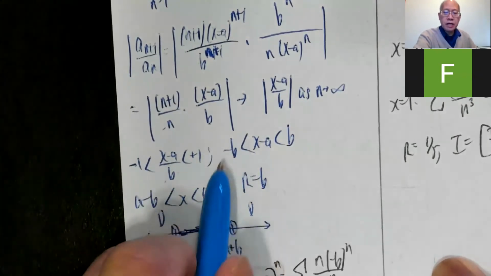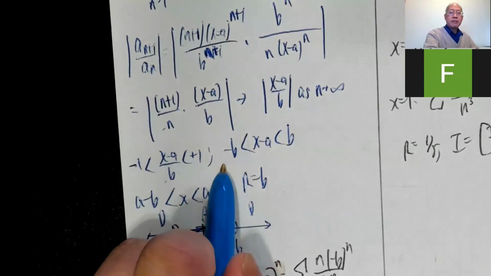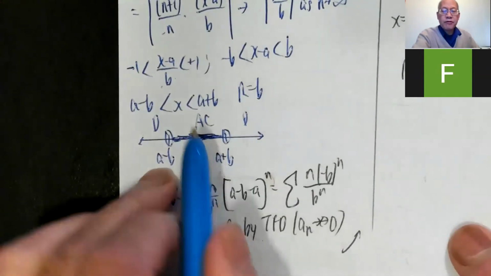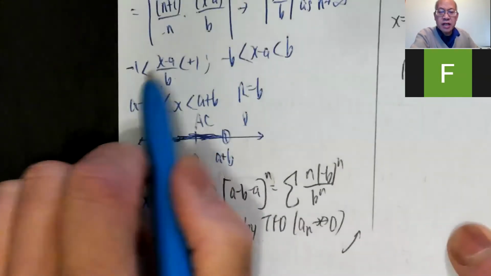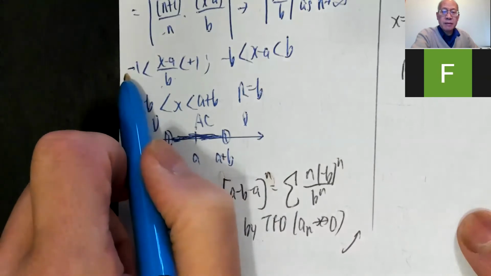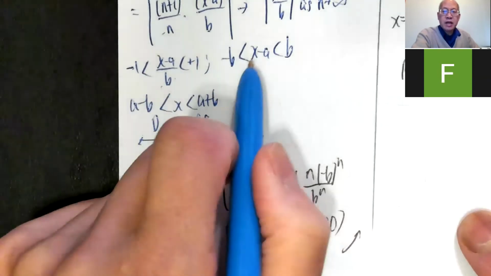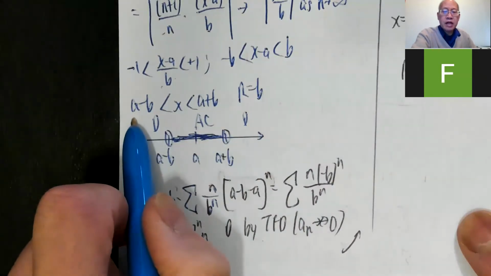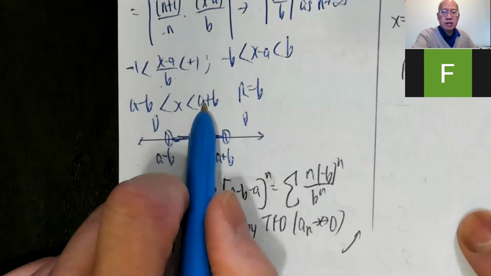Multiply both sides by b. B is a positive quantity. That's why they had that. If b were negative, you might have to switch the inequality symbol, right? But b is positive, so I can keep the same signs. Negative b less than x minus a less than b. Add a to everything. A minus b less than x less than a plus b.